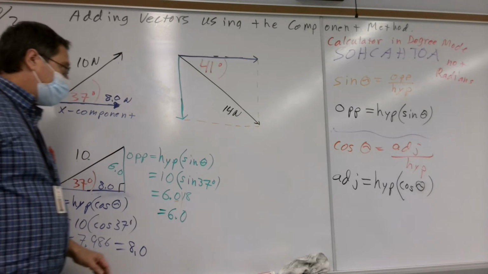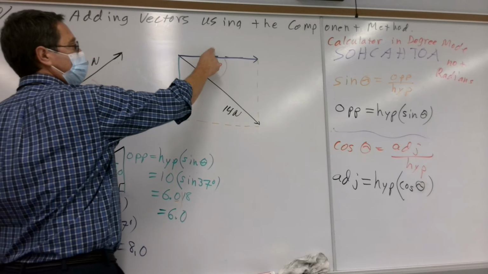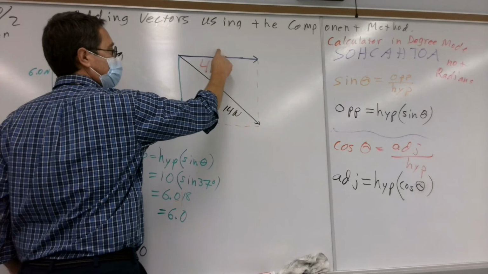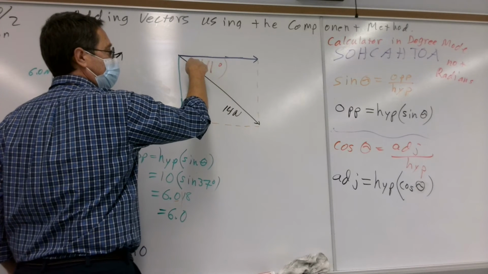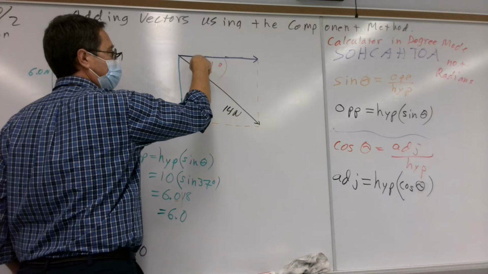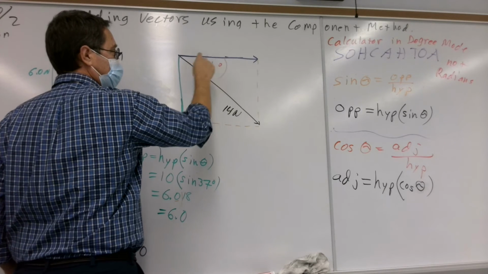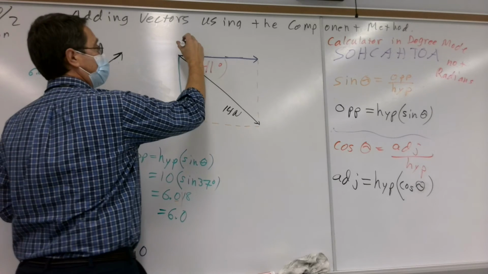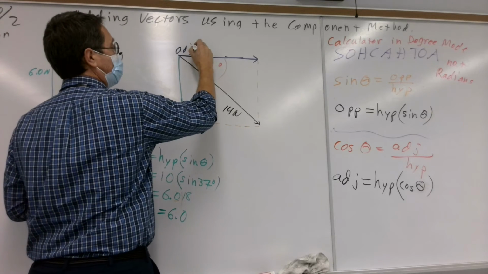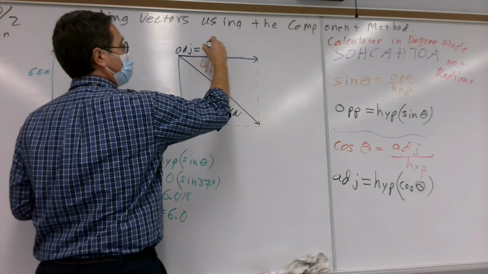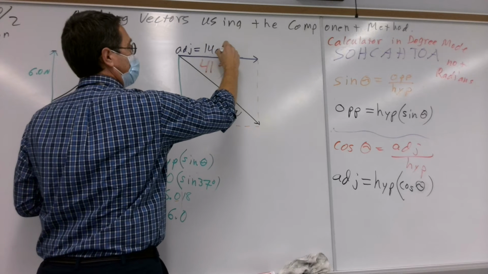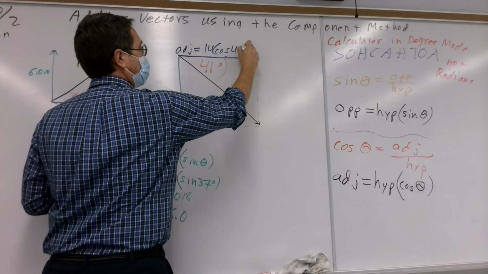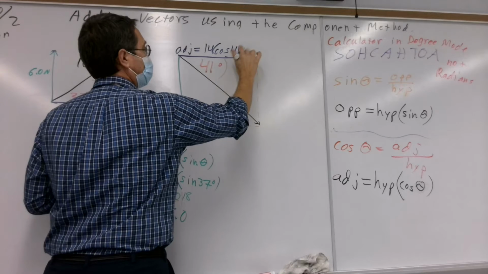Okay, so here's how you can, now let's use this, let's find this side. What would I use to find this side? I'm using this angle, here's my hypotenuse of 14. Do I use sine or cosine? The angle is touching the side I want, so I'm going to use cosine. This is the adjacent side for that angle, and that's going to be 14 cosine 41 degrees, is that correct?